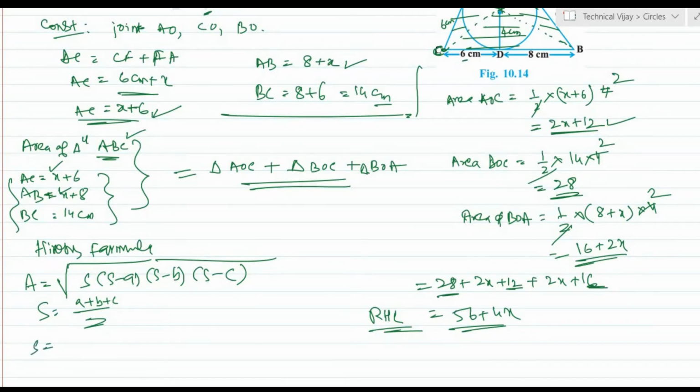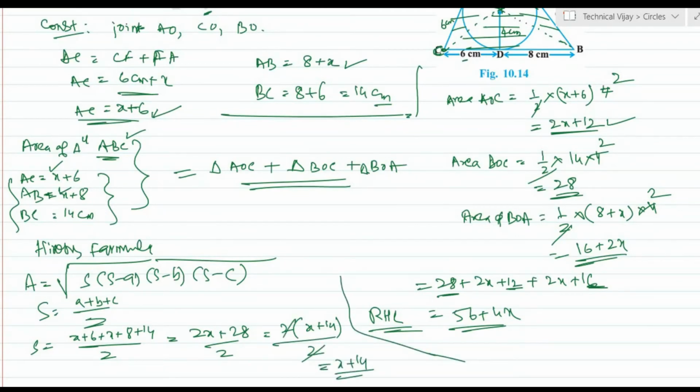So here s is equal to x plus 6 plus x plus 8 plus 14 divided by 2, which is 2x plus 28 divided by 2. Taking 2 common, x plus 14 divided by 2, the 2 cancels. So s is equal to x plus 14.